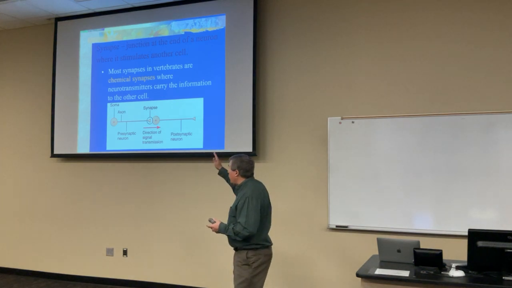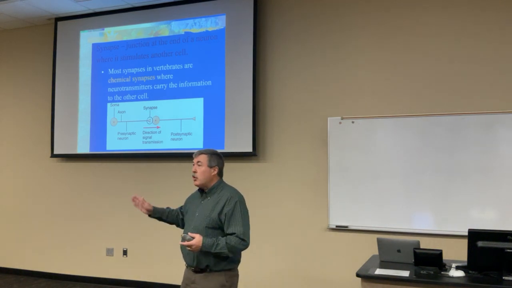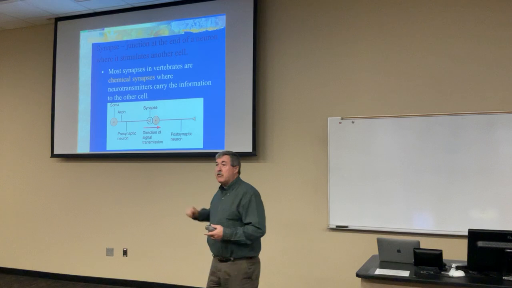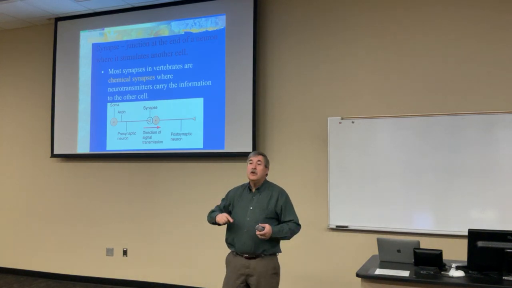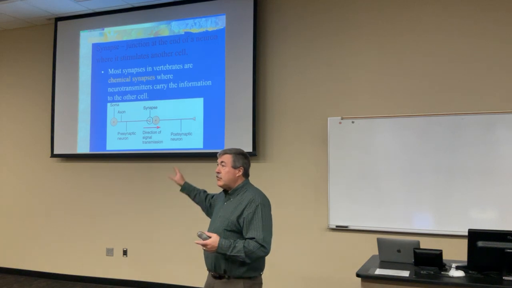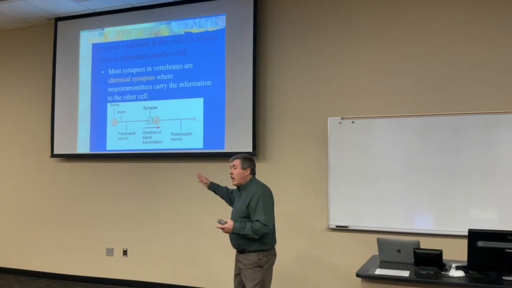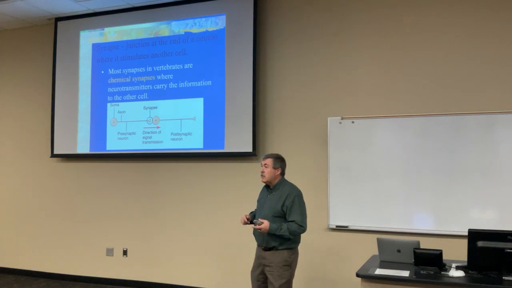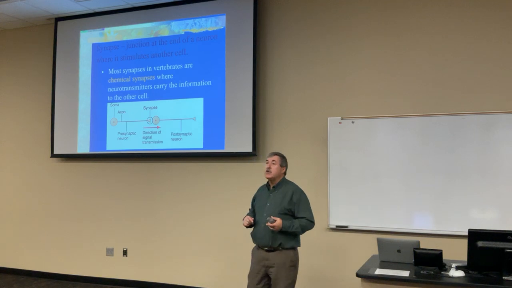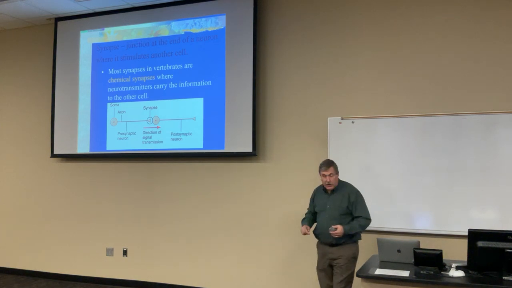And then the neurotransmitters will set up a local potential in the postsynaptic neuron. That local potential will then travel down the dendrites and over the cell body to the axon hillock, where another action potential may be triggered. Depends if the local potential is big enough or not. Okay, so that's sort of an overview of what we're going to be going through today.